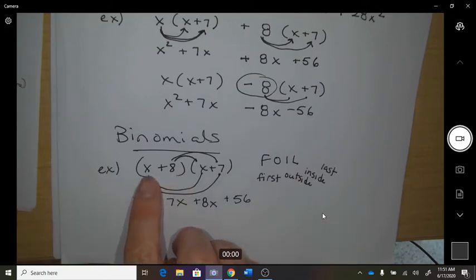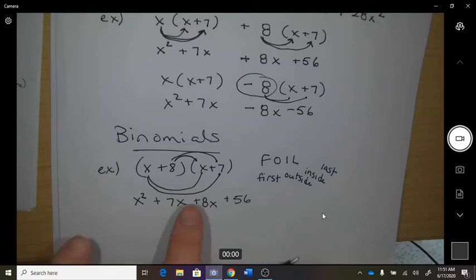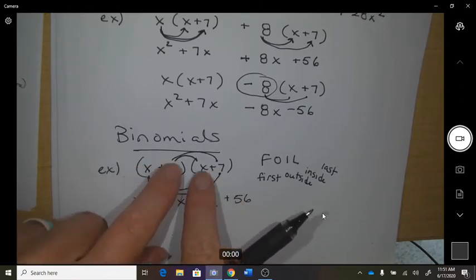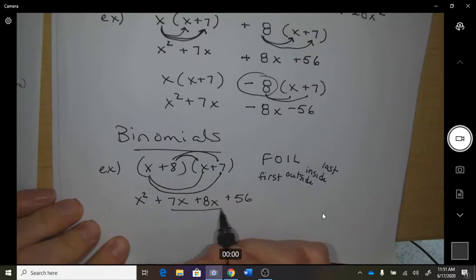So you can see the process was that I distribute this x through that binomial, and then I distribute the 8 through that binomial. You can see here all the combinations. I've paired everything with each other from the other binomial. Okay, and I'm just going to go further here because those are similar terms. They're like each other, so I can combine them.